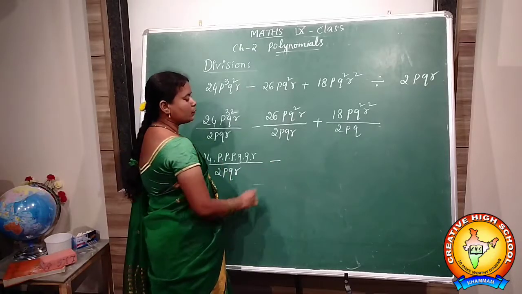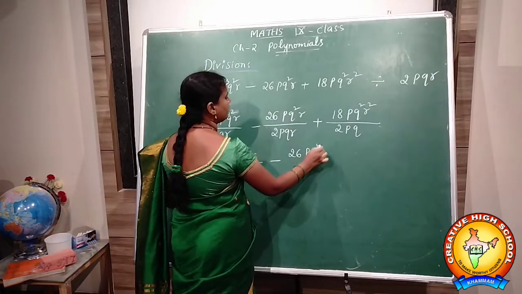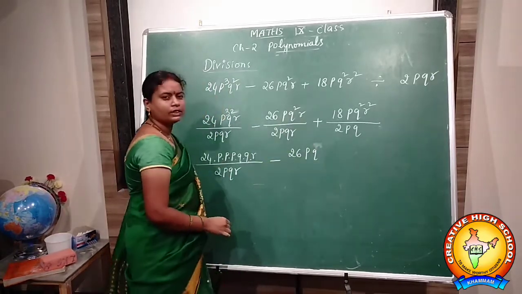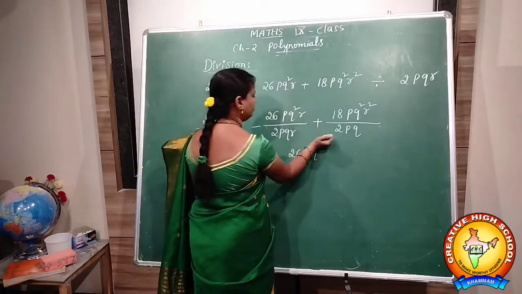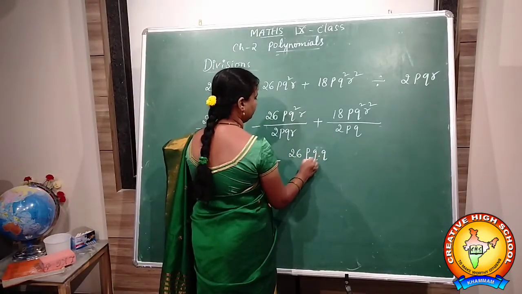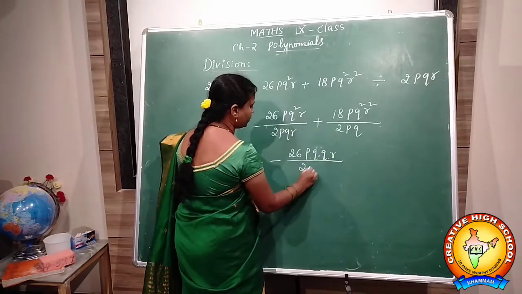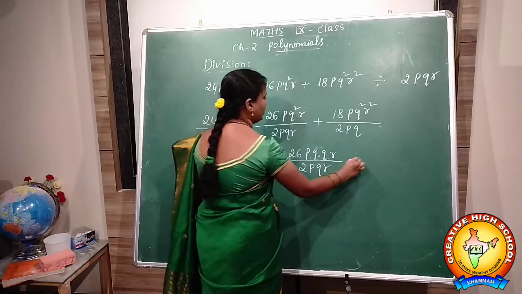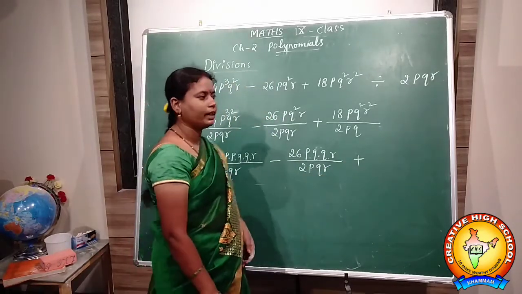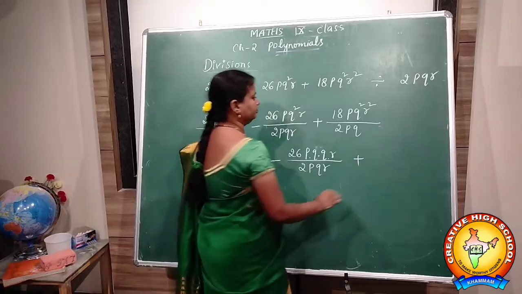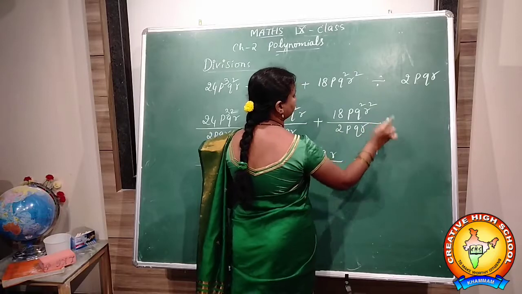Minus 26 p q square r, q square we can write as q into q, by 2 p q r. Plus 18 p q square r square by 2 p q r.